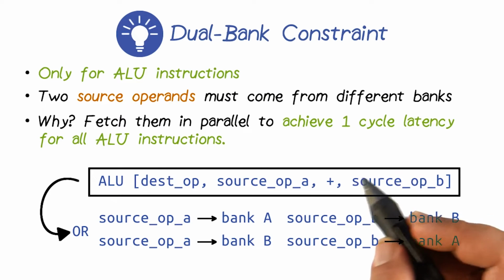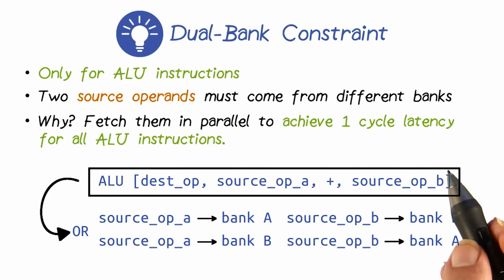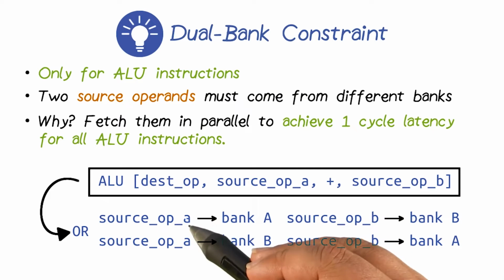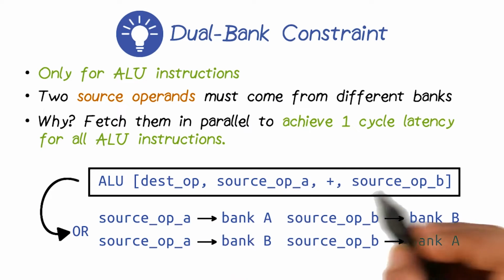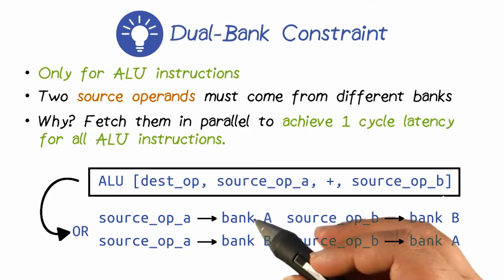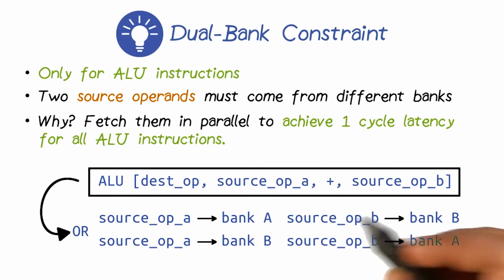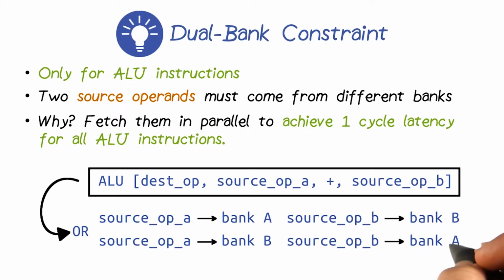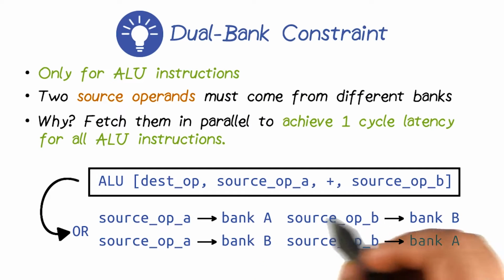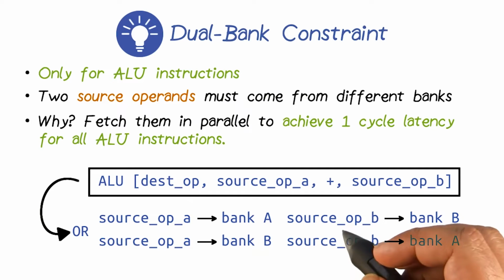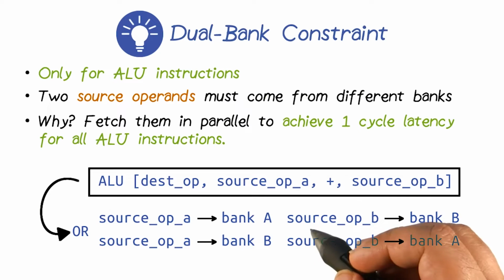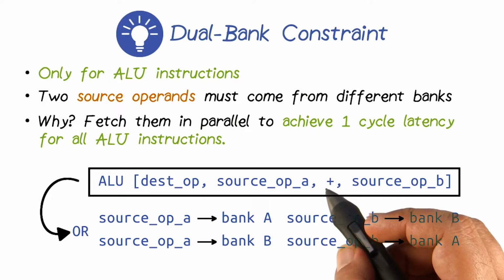We got to produce one of the 2 schedules. Either we could have operand A in bank A and operand B in bank B, or the reverse, that is operand A in bank B and operand B in bank A. So it got to be the top schedule or the bottom, but if it is neither of them, then this instruction will be determined to be illegal by the execution unit.